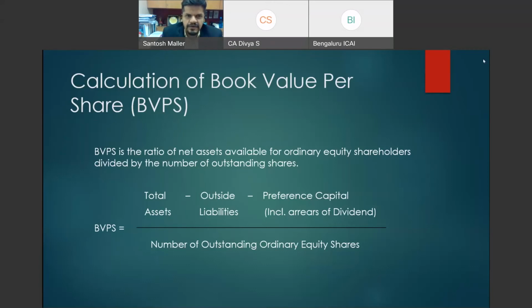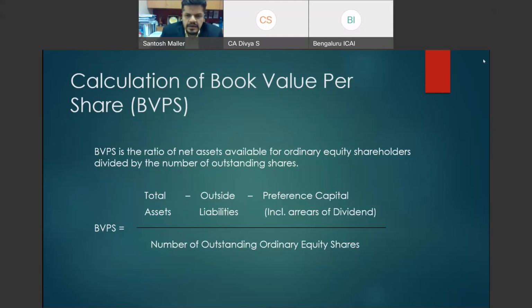So in that scenario, perhaps that can be one of the instances where book value is reflective of the fair value. Why? Because the assets and the liabilities are already being fair valued for the purpose of financial reporting, and that can be used as a basis for determining the book value or the fair value in that case.